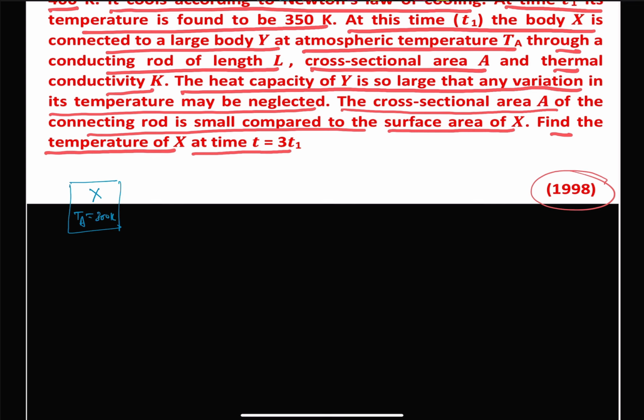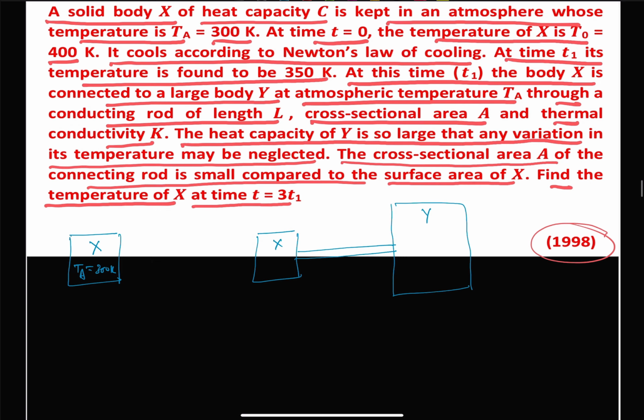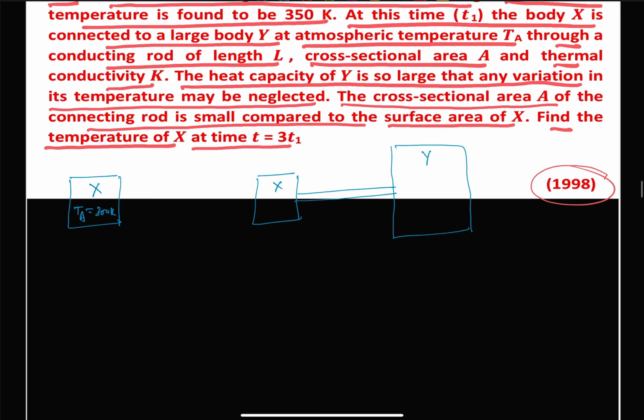And later on, this body X is connected to a bigger body through a conducting rod, and that bigger body is our Y, and its temperature is said to be TA, that is our atmospheric temperature. So this is basically our figure.